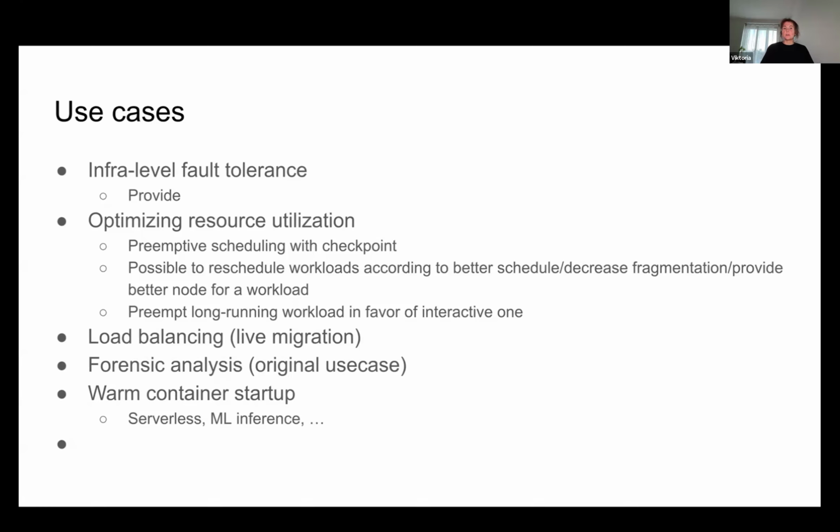Then we can use this for optimizing resource utilization, something alongside preemptive scheduling with checkpoint and restore. It is possible to reschedule workloads, maybe according to some better schedule or to decrease fragmentation, or maybe to provide a better node for a workload. We can also do some preemption in favor of other workload. An example would be to preempt some long-running workload in favor of an interactive one during working hours.